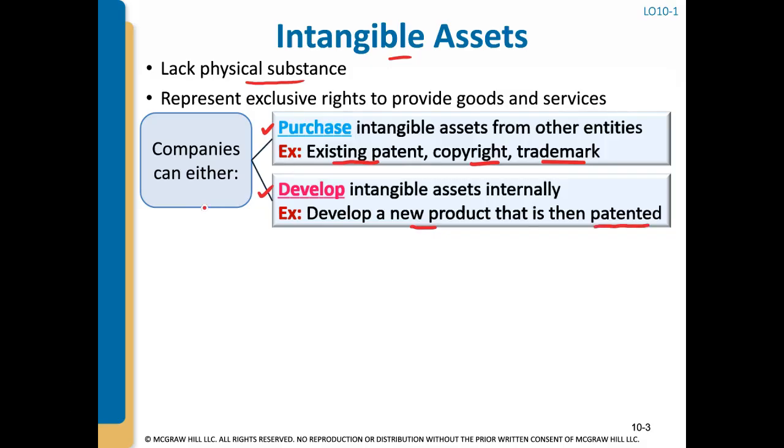Think of Pfizer, when they developed the COVID-19 vaccine, they had it patented. That means that they have the exclusive right to produce that asset for a certain number of years. It would be 20 years for a patent.